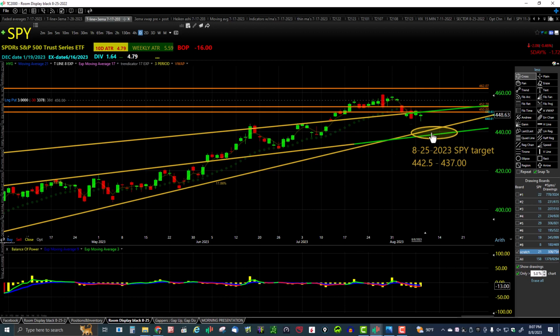It would kind of fall right into this wedge right here, and then hopefully pop back up over it and create the left shoulder. Now, if it keeps going and takes out the head, that's fine.